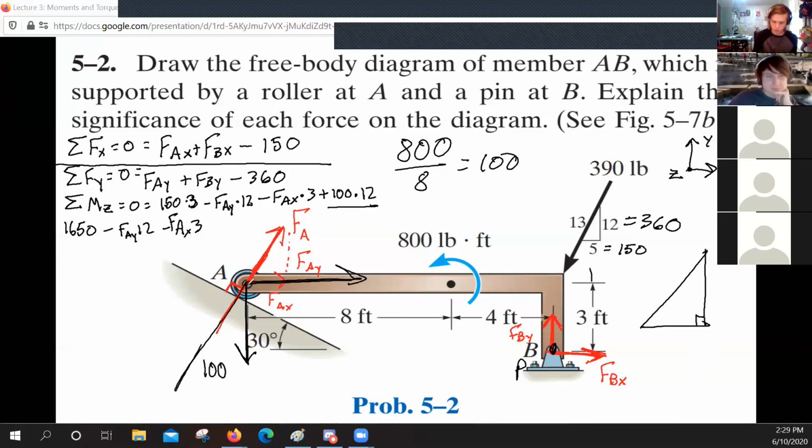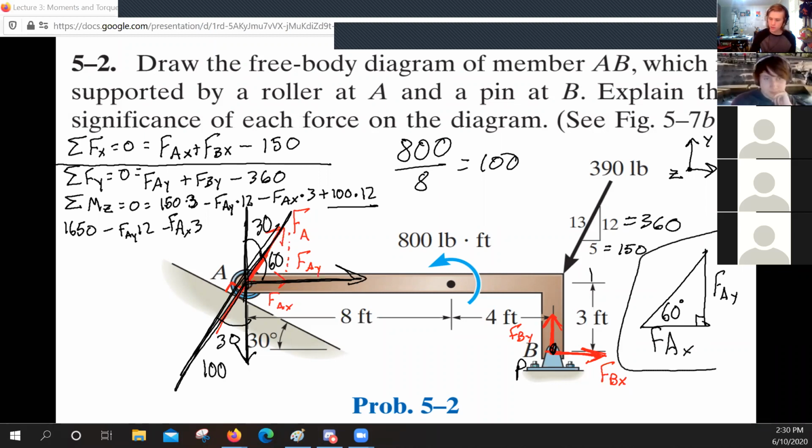And because we can do this, this is also 30 degrees. And if I draw a straight line here, I can say this is 30 degrees, which means this is 60 degrees. So here we have a 60 degree angle. And we know that this is FA of Y, and this is FA of X, okay? So I would like you to write one of these in terms of the other.